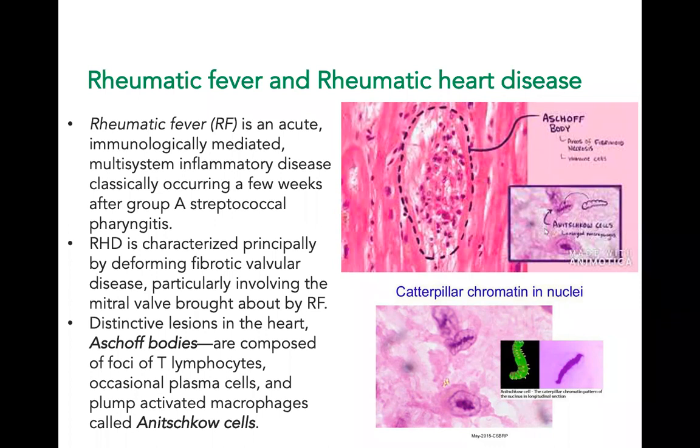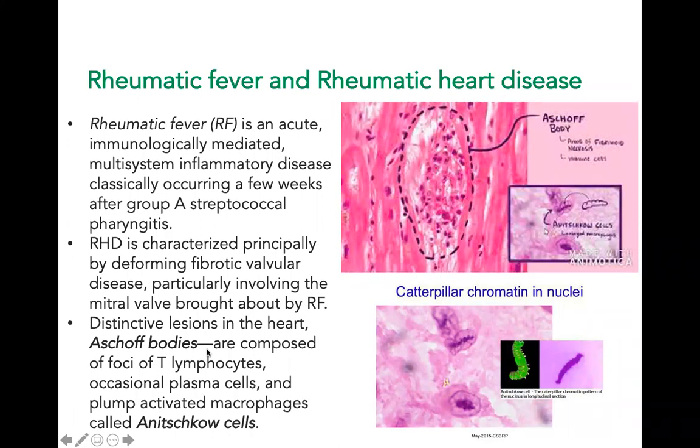And eventually, if rheumatic fever permanently destroys your valve, it can cause rheumatic heart disease. Okay? This is characterized by a deformed fibrotic valvular disease, particularly involving the mitral valve, brought about by the permanent damage by your rheumatic fever.